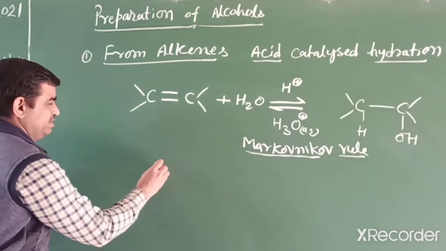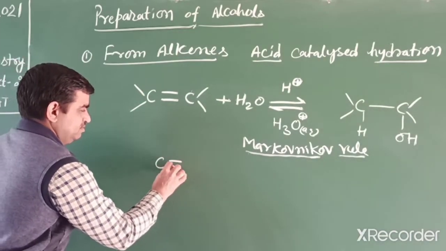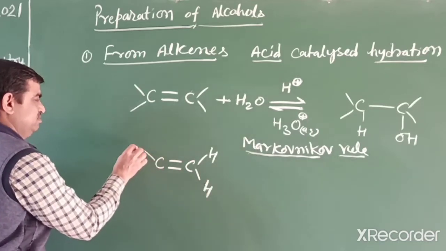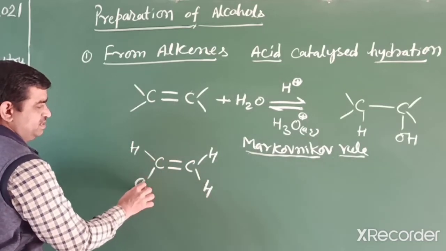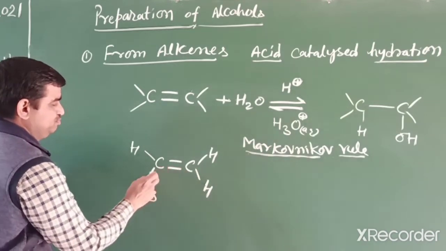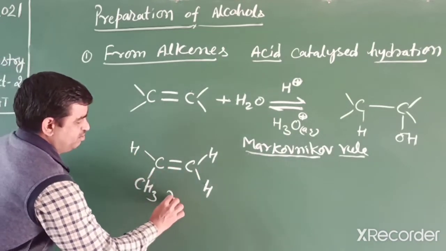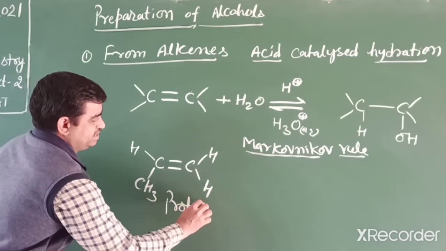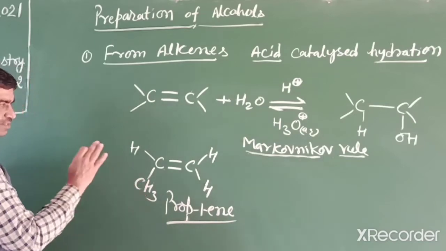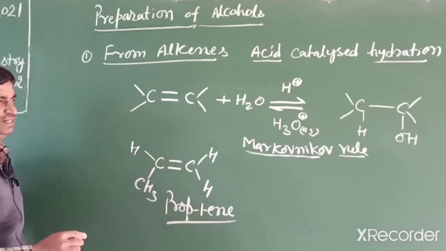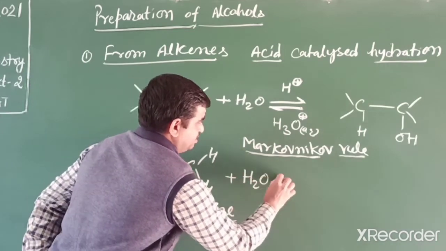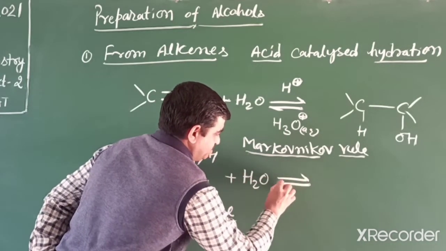If we explain by one example, in this way we can write a particular example, propene, or we can say 1-propene. This is an unsymmetrical alkene, with addition of water in presence of acid; this reaction is reversible.